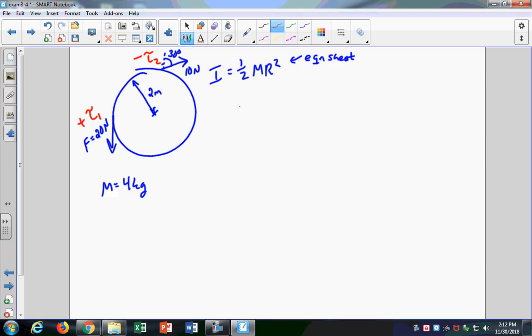So to find the net torque, let's say torque 1 minus torque 2. It's just F R sine theta for all of those. So 20 times 2 times sine of 90, which is 1, minus 10 times 2 times sine of 30, which is a half. And so that's 40 minus 10, so 30 Newton meters.